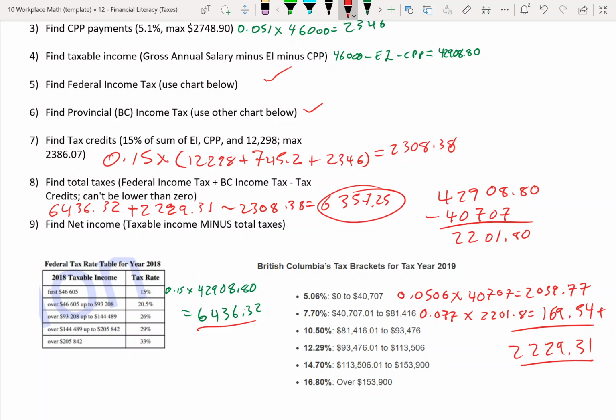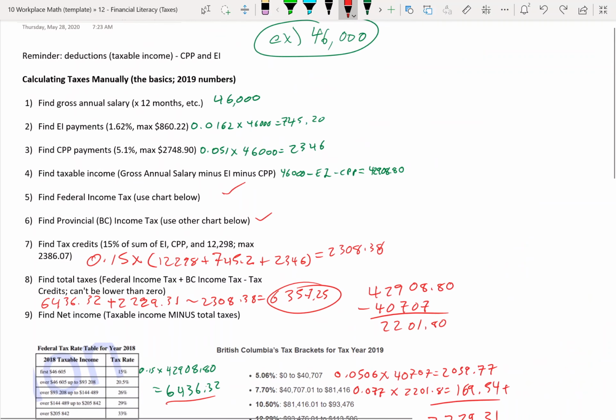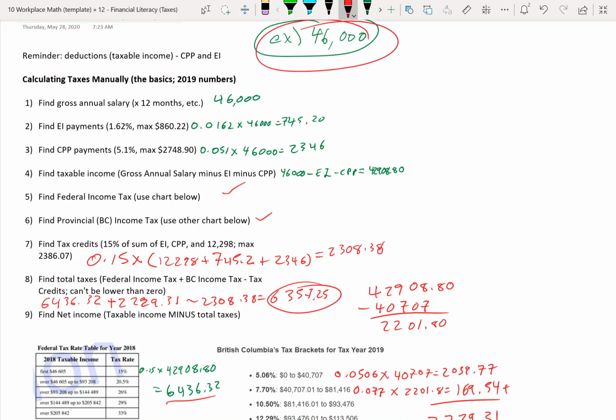So what we're going to do is we're going to find our net income, which is how much goes in your pocket, into your bank account, whatever. It's not the 46,000, because remember, we had to pay EI and CPP. So it's actually our taxable income. It's this number minus the taxes. Okay, so 42908.80 minus 6357.25, which was our income taxes.